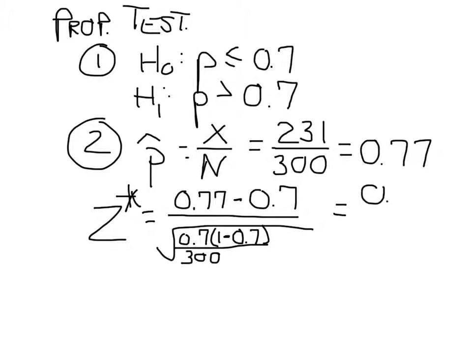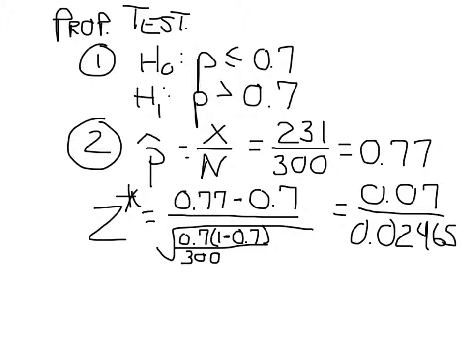And that's going to give me 0.07 in the numerator and something like 0.0465 in the denominator. And that's going to give me a Z star of 2.84. Okay? Now if you rounded a different place, you'll get a somewhat different answer, but it'll be pretty close.